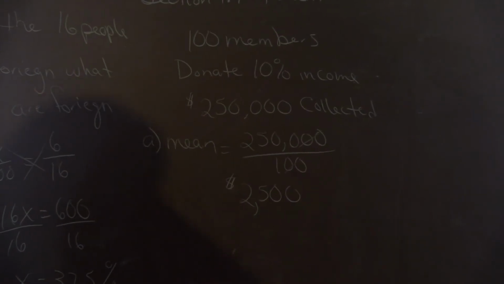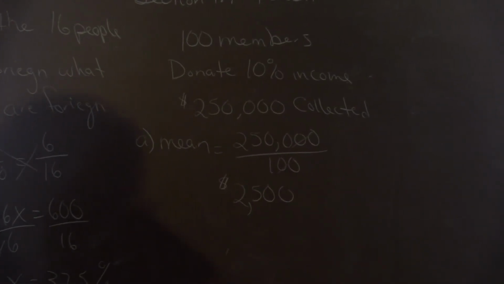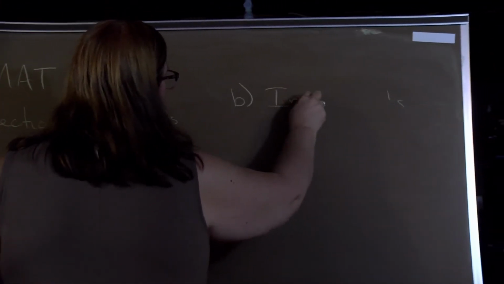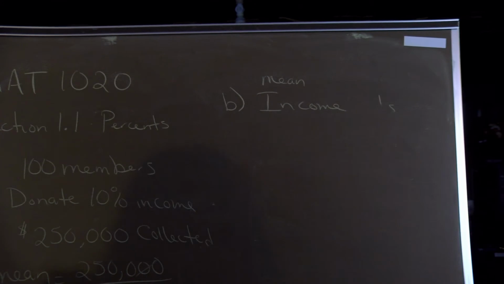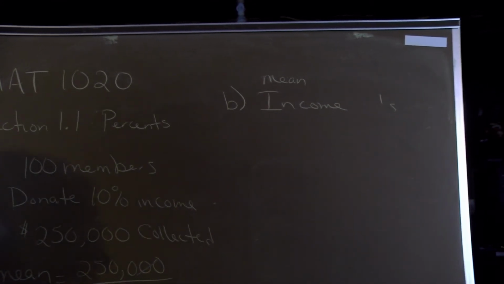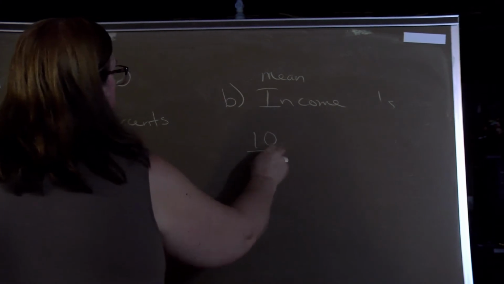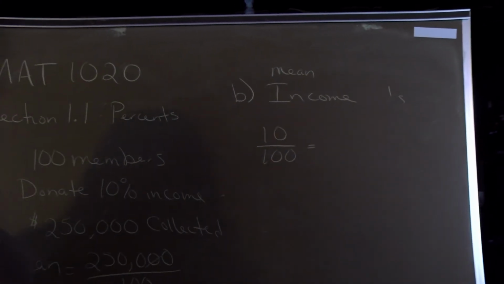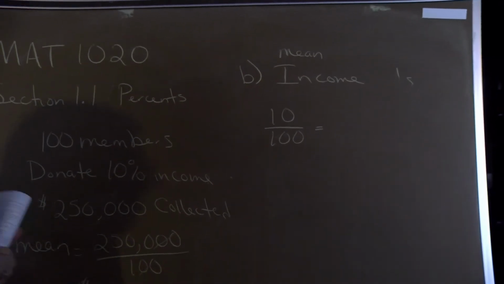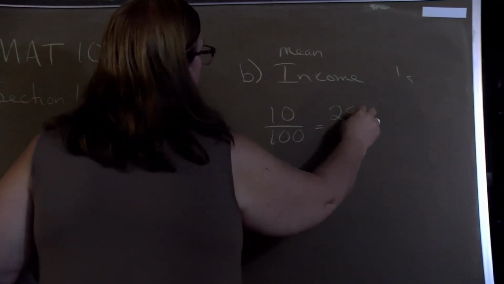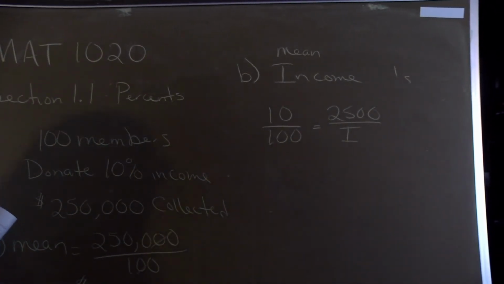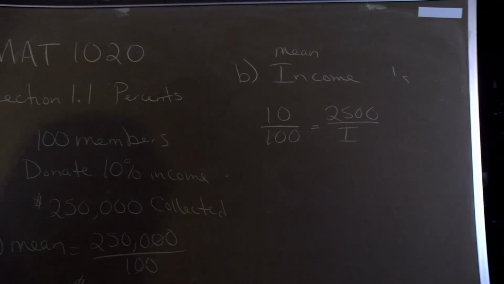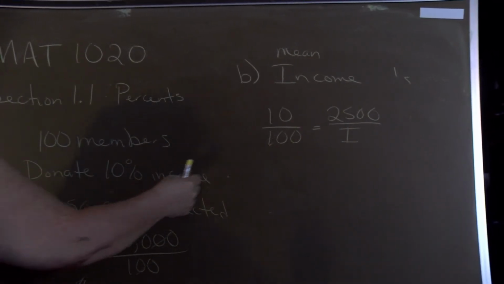Part B says, what was the mean income of its members? Well, we know they gave 10%. So if they gave 10%, that would be over 100. And then the part they gave, the 10%, was the 2,500. And we could use I for income. It helps to use variables so you know what they stand for. But we're looking for the total income.